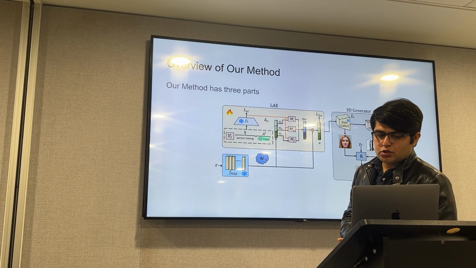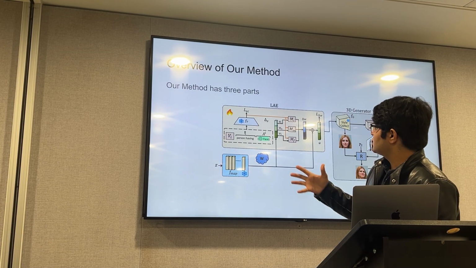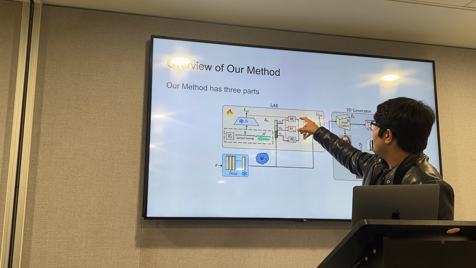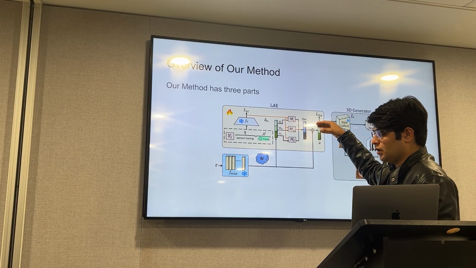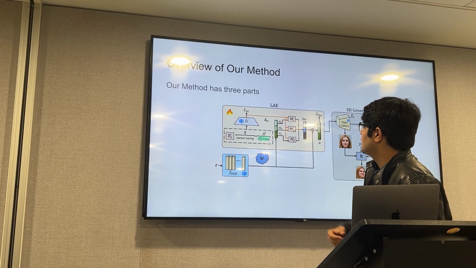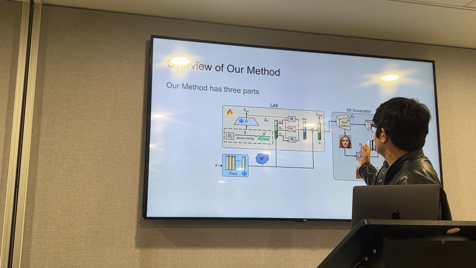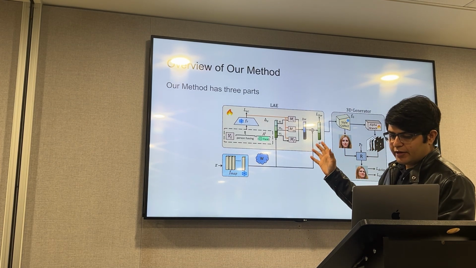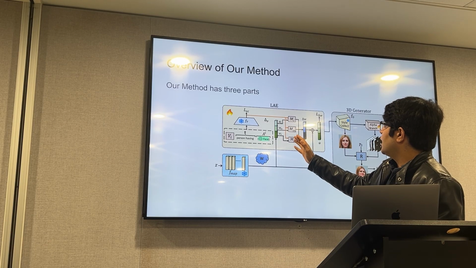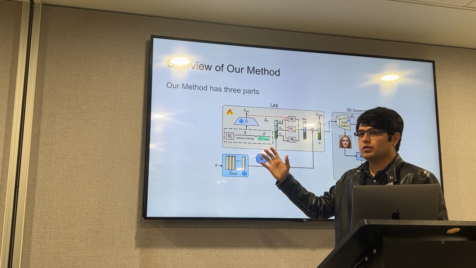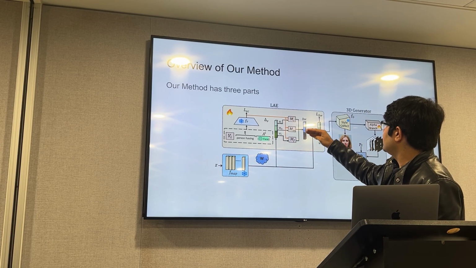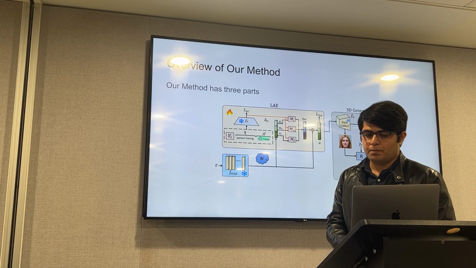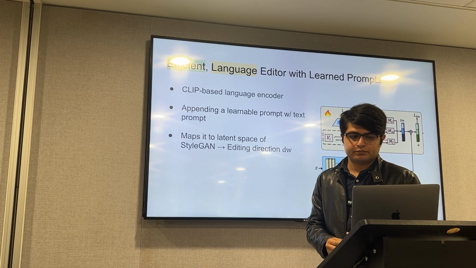The way our method works is that we took a 3D GAN and added a language-aided editor in the input space of the style 3D GAN. It takes textual prompts and finds the editing direction in the latent space of the 3D GAN.